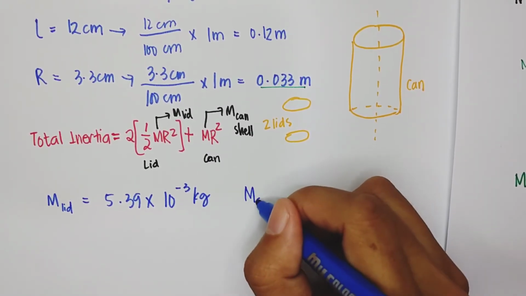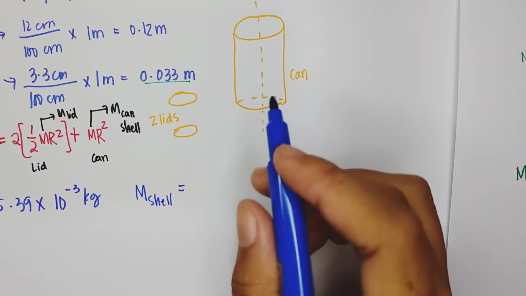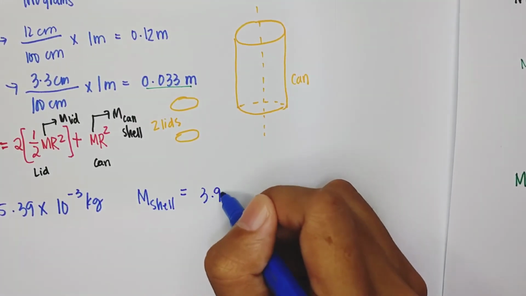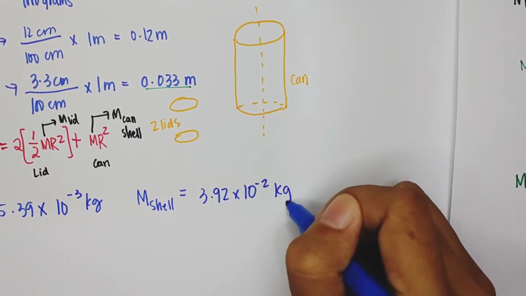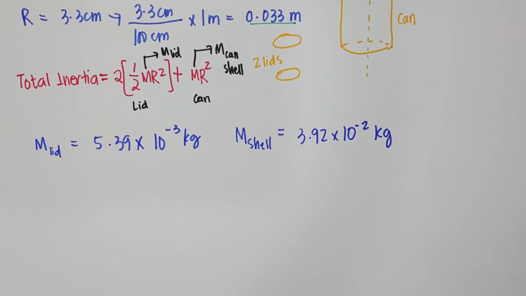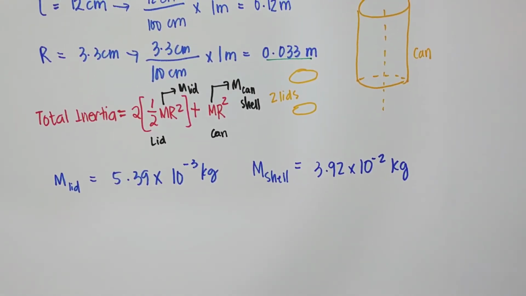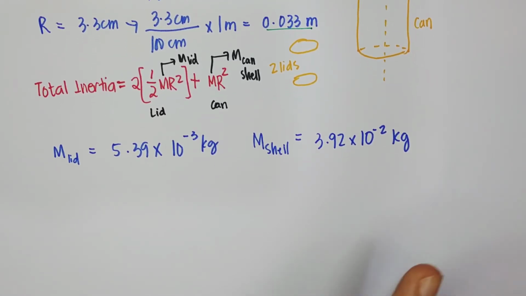The mass of our shell is 3.92 times 10 to the negative 2 kilograms. Now our given is complete, so let's substitute this to solve for our total inertia.